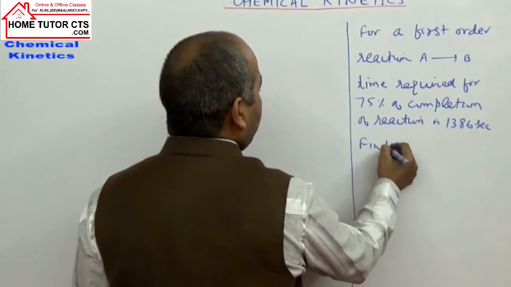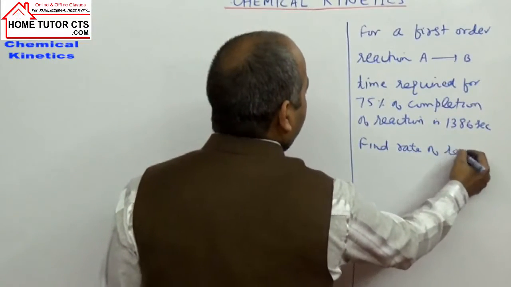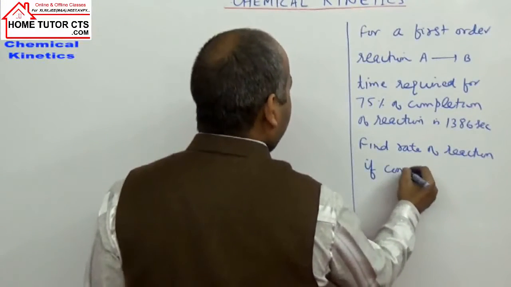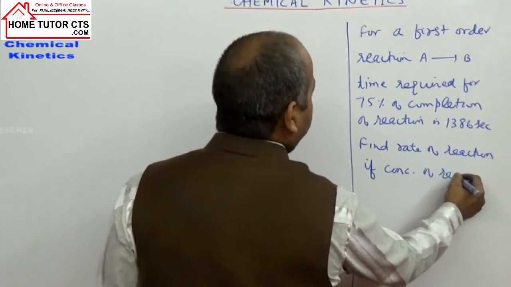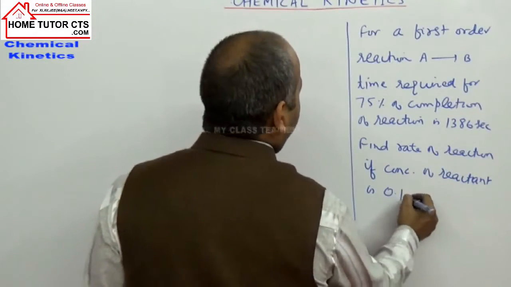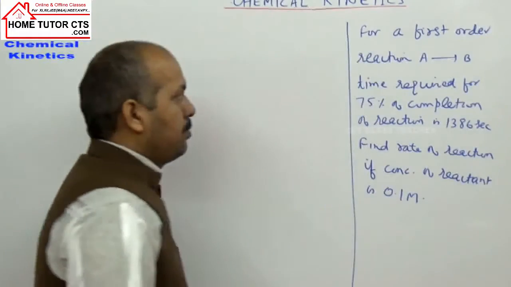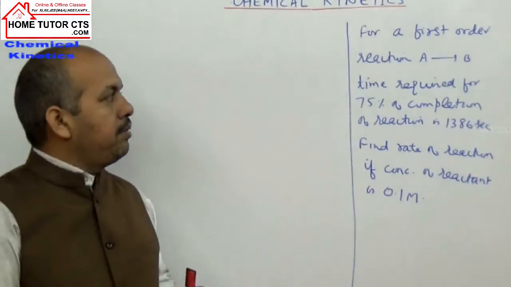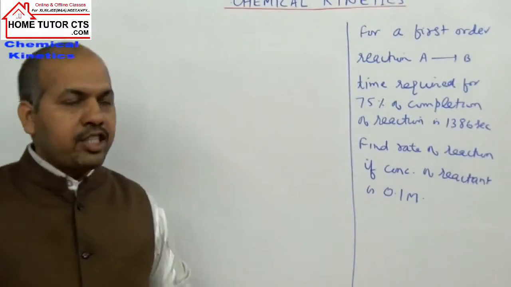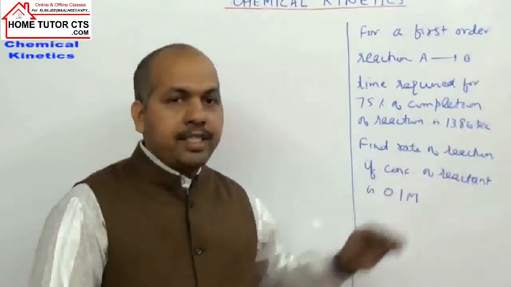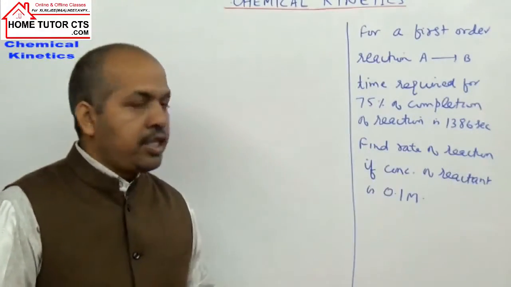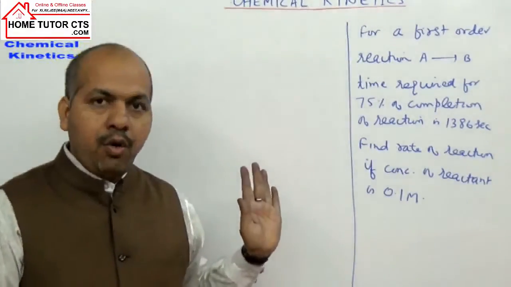Then find the rate of reaction if the concentration of reactant is 0.1 moles per liter. For a first order reaction A gives B, the time required for 75% completion of reaction is 1386 seconds. Find the rate of reaction if the concentration of reactant is 0.1 molar.